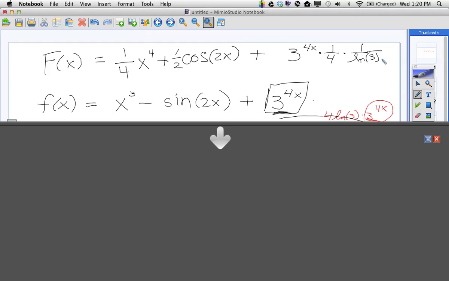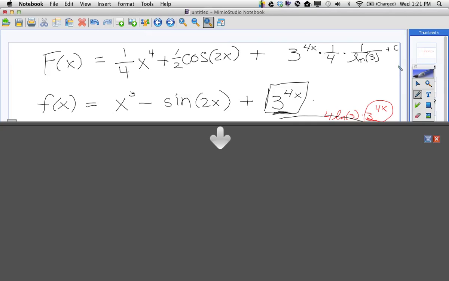And remember, 1/4 and 1 over ln3 are just numbers, and when you have a number sitting next to a function, it just stays there. So when we do this derivative, these would have just stayed. We'd have kicked out a 4, which would have canceled that, and kicked out an ln3, which would have canceled that. And then don't forget the plus C. When you're doing an antiderivative, there could be some constant there that disappeared when we did its derivative.